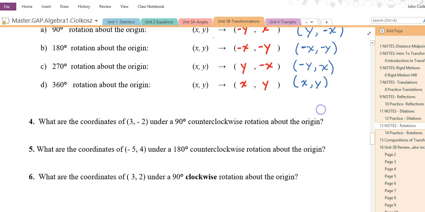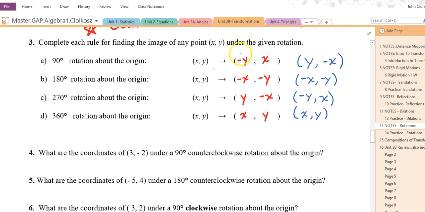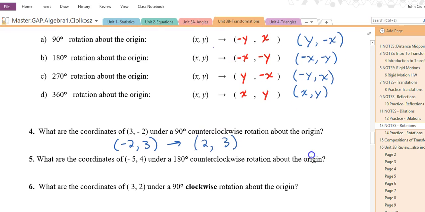After that, let's think here. Okay, so 3, 2, 90 degrees, counterclockwise. Okay, so I switch the order, make the first one negative. So let's switch the order first. And then my first point switches the sign. So it becomes positive 2, 3 stays the same. 180 degrees, well, let's see, counterclockwise, 180.